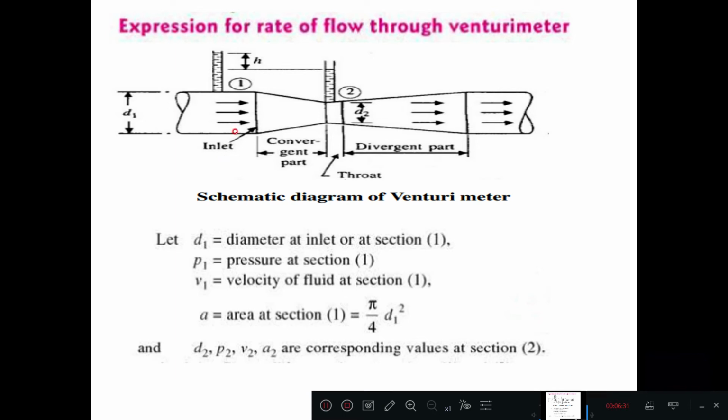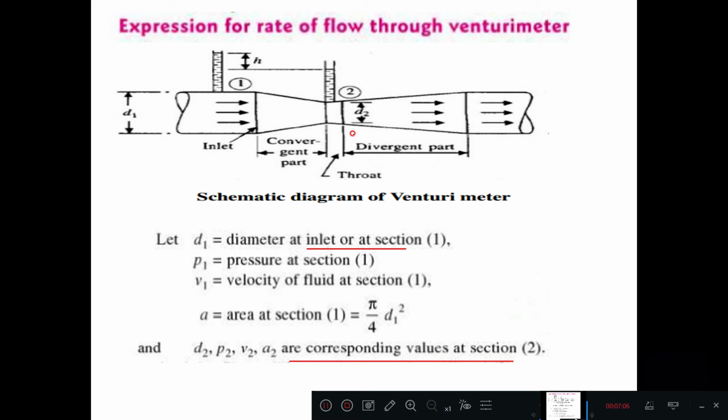Here let D1 represent the diameter at the inlet section, that is section 1, P1 the pressure at section 1, and V1 the velocity of the fluid at section 1, and the area at this section will be A1, that is pi by 4 D1 square. Similarly, D2, P2, V2 and A2 are the corresponding values at section 2.